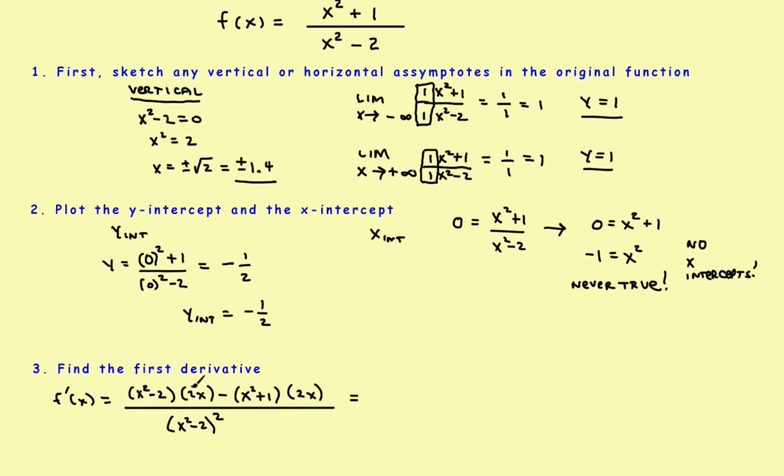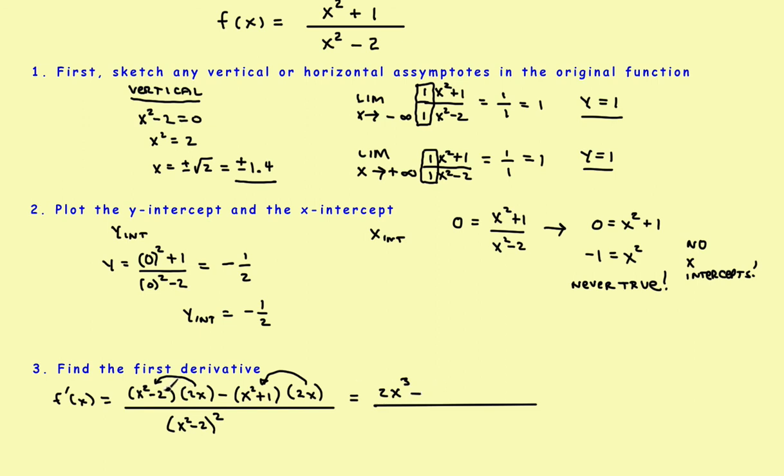So what we'll do, first of all, is go ahead and distribute this 2x, and then we'll distribute this 2x. So x squared times 2x, and again, we'll put a bar right across this whole thing. So it'll look something along this line. So x squared times 2x would be 2x cubed.